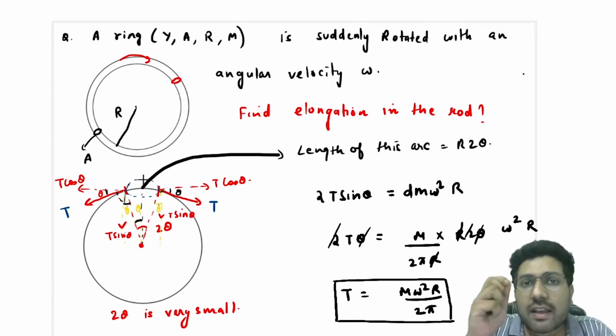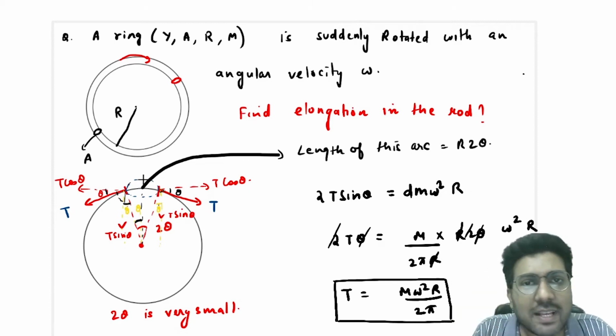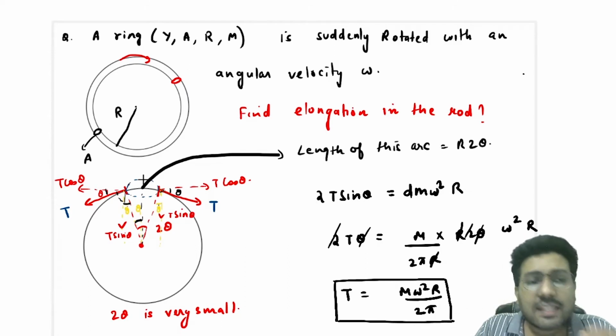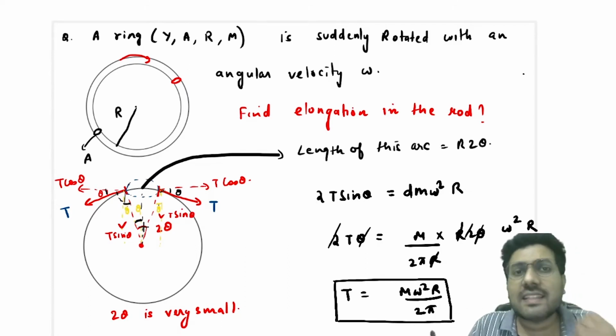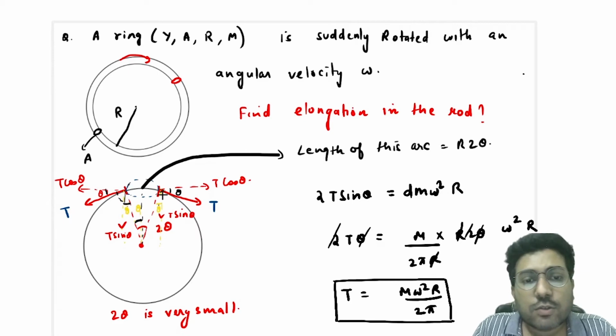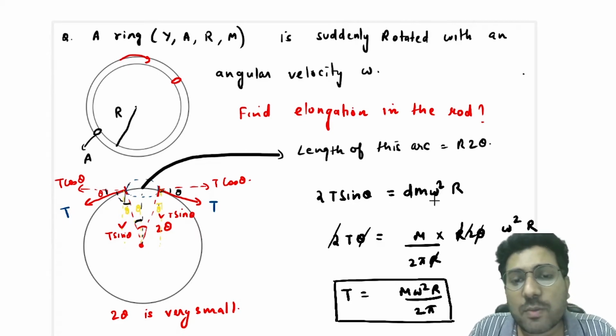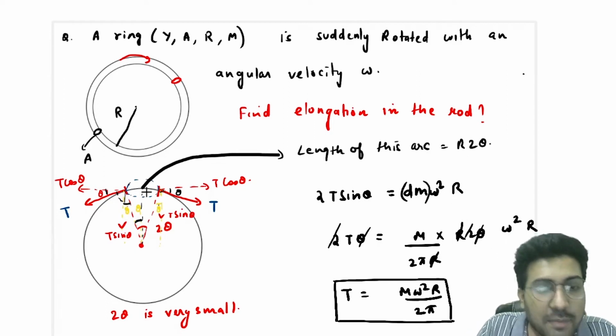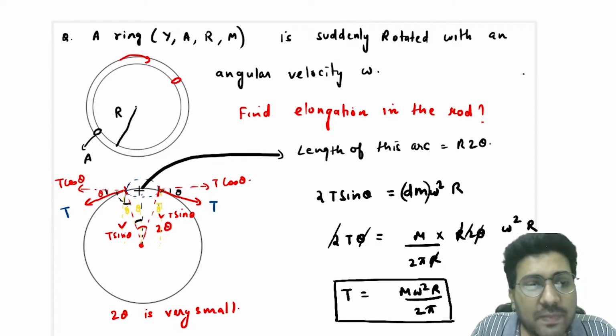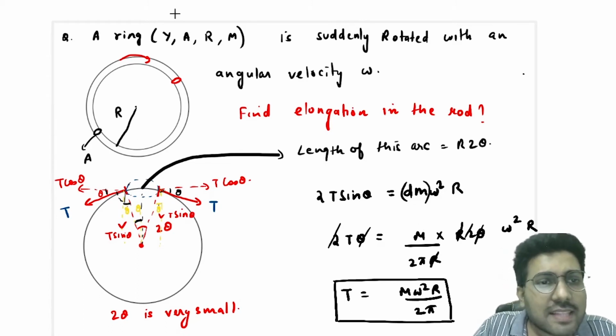You know that for any particle which is performing a circular motion, there has to be a centripetal force, right? And this centripetal force here is provided by 2T sin theta for this particle. So 2T sin theta has to be equal to dm omega square r, where dm is the elemental mass of this element.